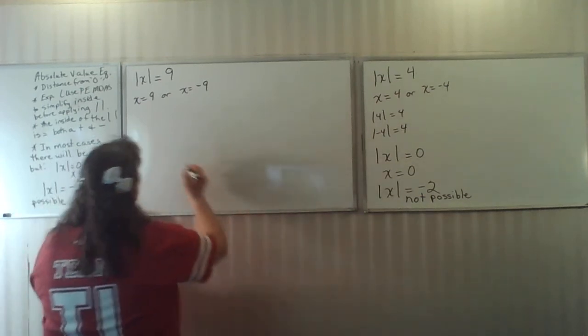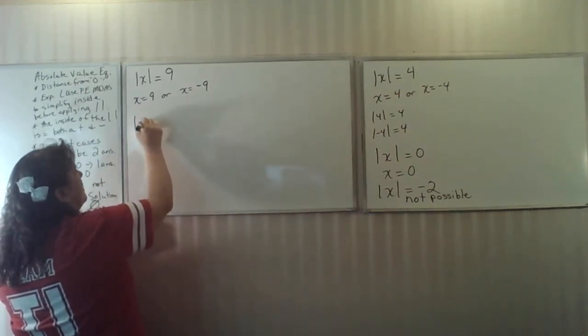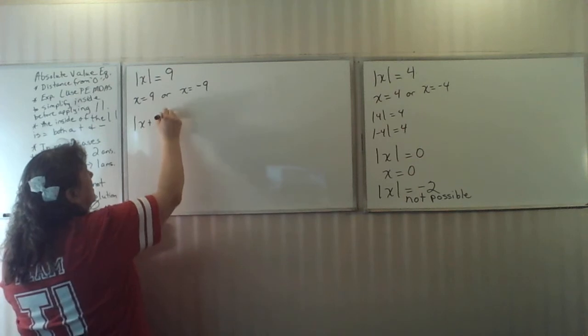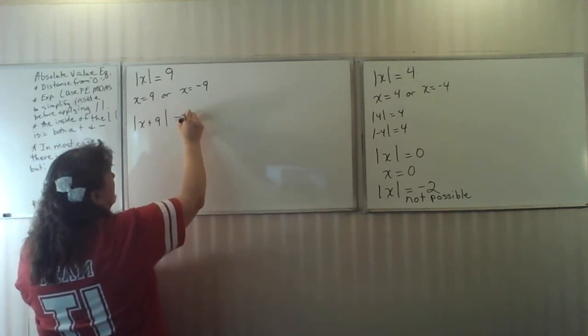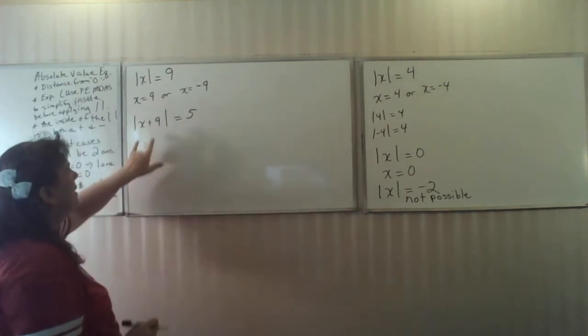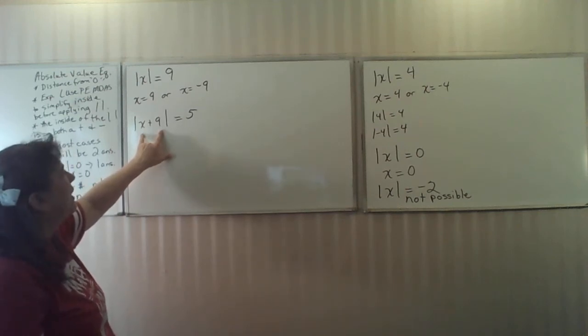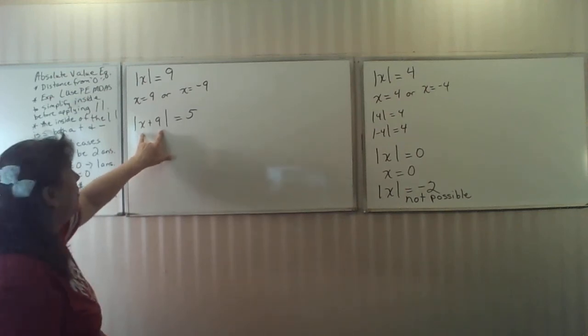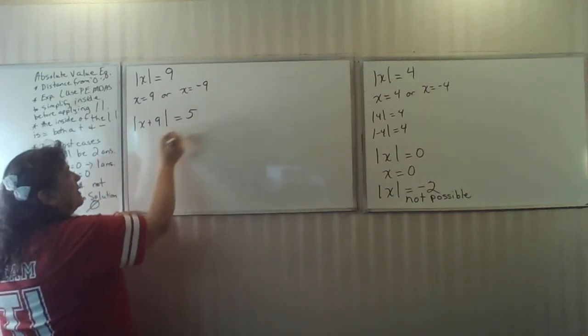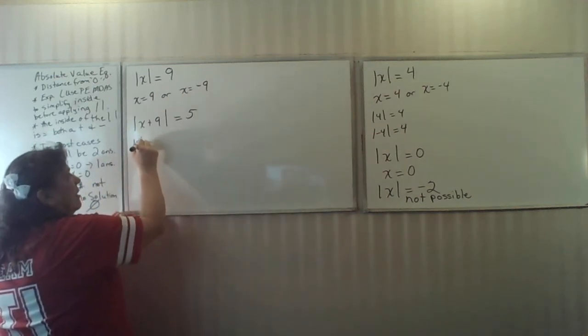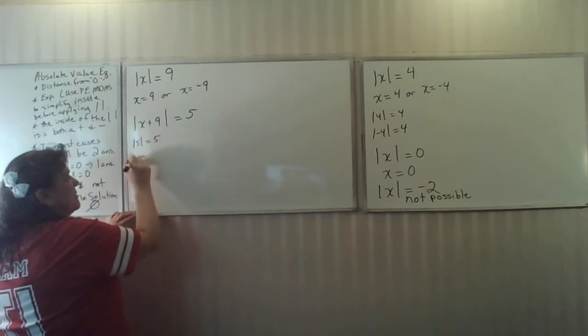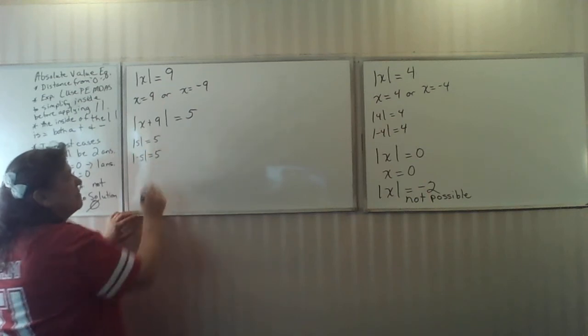How about this one? The absolute value of x plus 9 is equal to 5. We're looking for this expression to be equal to either a positive 5 or a negative 5. Because remember, the absolute value of 5 is 5, and the absolute value of negative 5 is also 5.